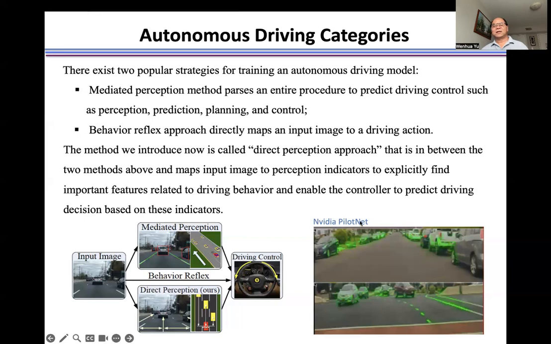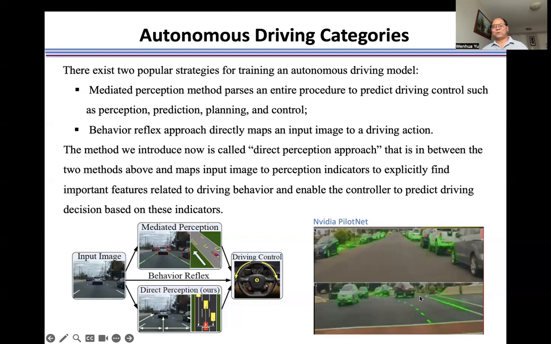Let's recall the NVIDIA end-to-end self-driving model. We have demonstrated that after the convolutional neural network module, we can find which part of the input image is important for the machine driver.